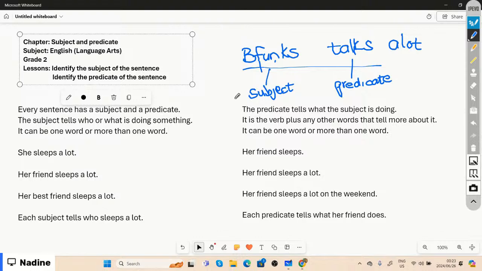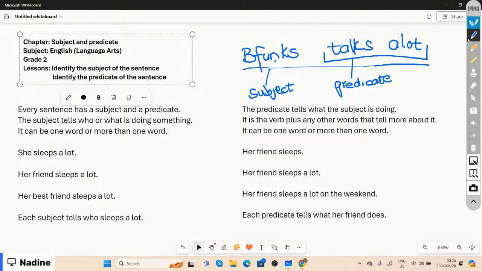But now, if we identify the predicate, it tells us what B Funk is doing. Then our predicate is not just talks, which is the verb, but now we say talks a lot, because now it is the verb plus any other words that come after the verb, right?